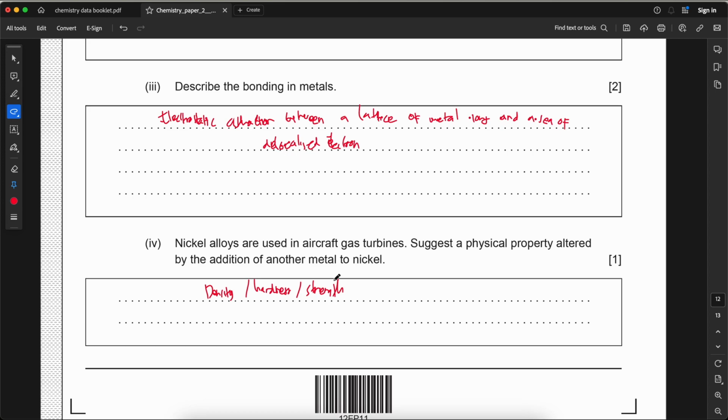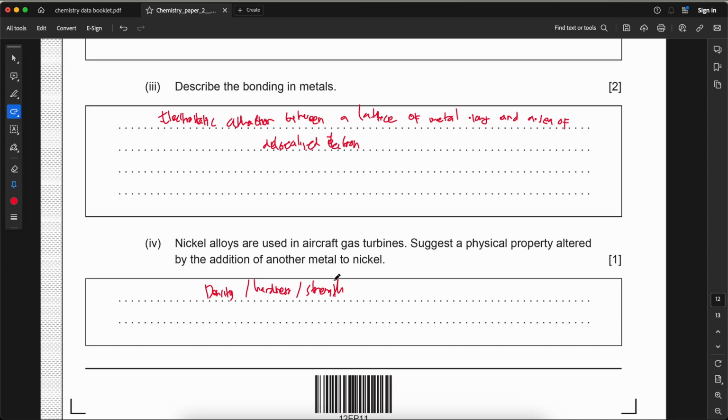But when you alter the physical properties by adding another metal, now the structure is not a regular arrangement anymore. So the layers cannot slide over one another, as the size of atoms now are different. Therefore, it will increase the strength or hardness, or it's more dense.